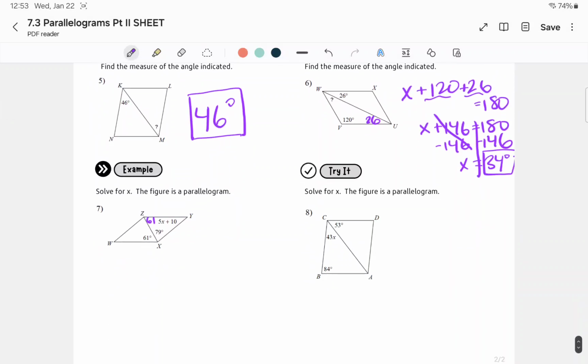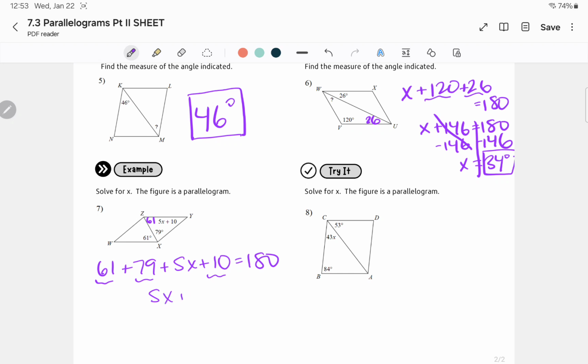All right, so now let's finish number 7. So we have 61 plus 79 plus 5x plus 10 is all equal to 180. So we're going to combine like terms. 61 plus 79 is 140. 140 plus 10 is 150.